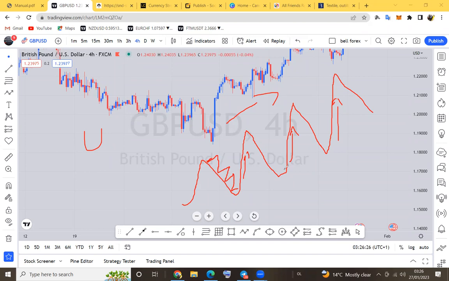And in this impulsive move, I also see an uptrend in a smaller time frame, forming higher heights and higher lows. So in a trend, there is also another subtrend.